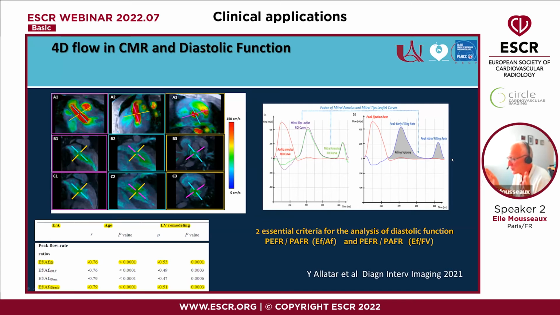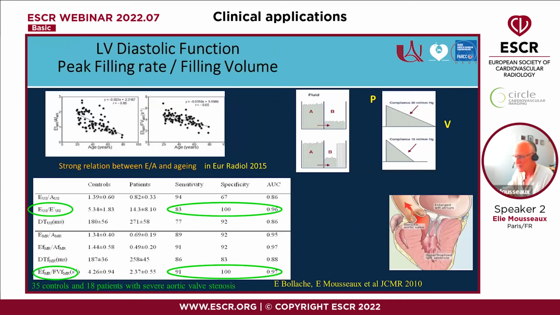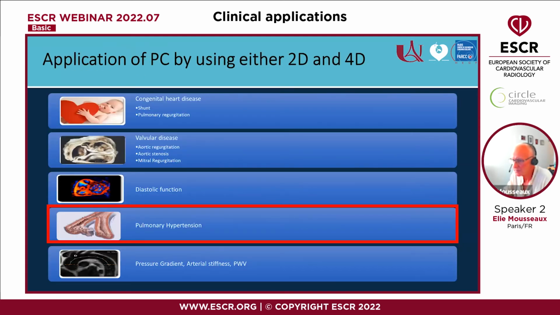We have done this in 2D, and it was very accurate for distinguishing patients with aortic valve stenosis from healthy volunteers, exactly comparable to ultrasound. So we published that many years ago.